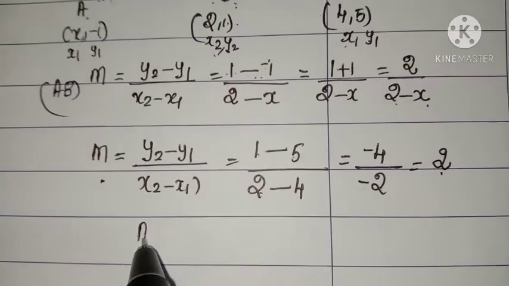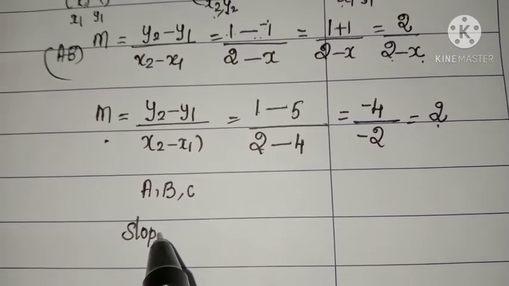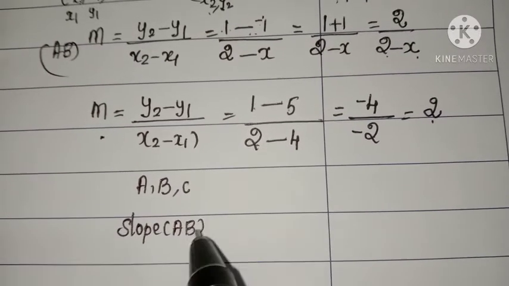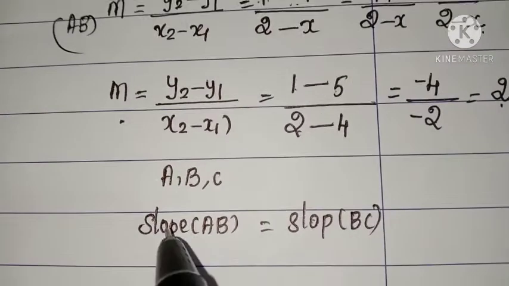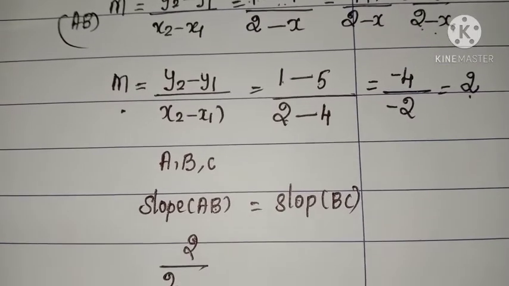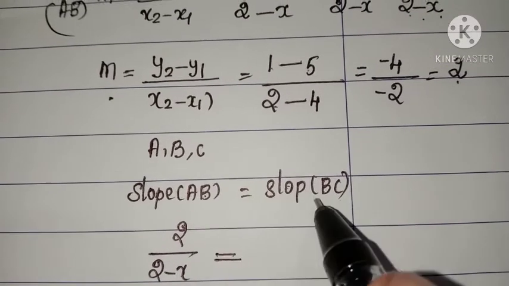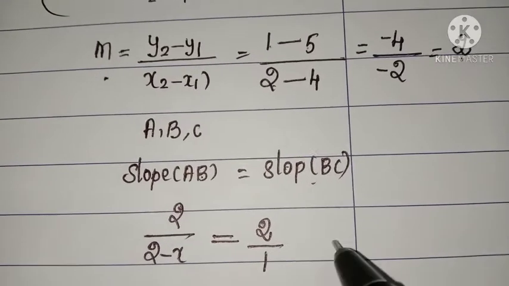So A, B, C are 3 collinear points, means slope of AB is equal to slope of BC. Slope of AB is 2 by 2 minus x. Slope of BC is 2. This 2 can be written as 2 by 1.